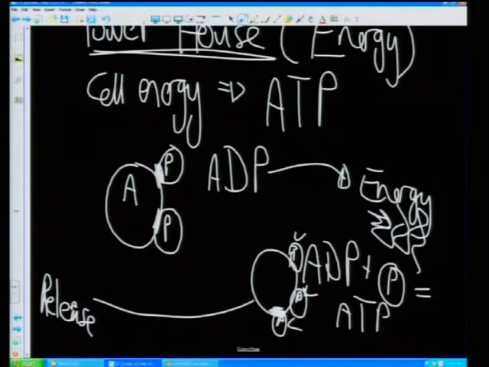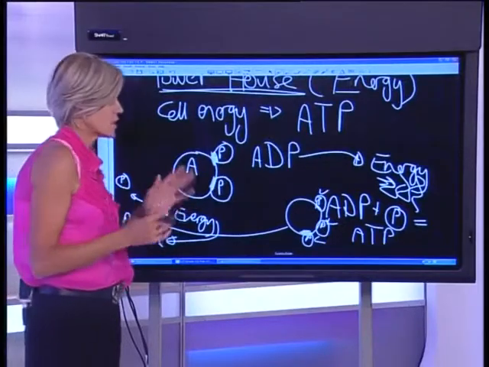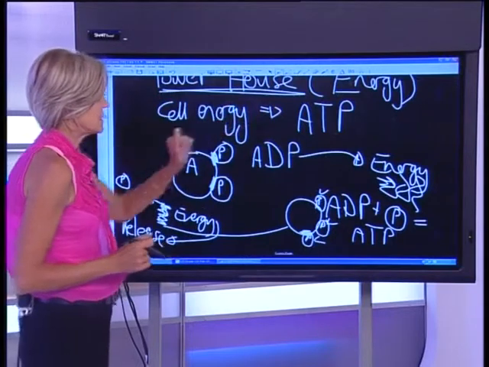And there's my little adenosine, and one little phosphate will break off, and the energy that was in this bond is then released, so that it can be used in that part of the cell or wherever it is. Okay, so that's how ATP is made.